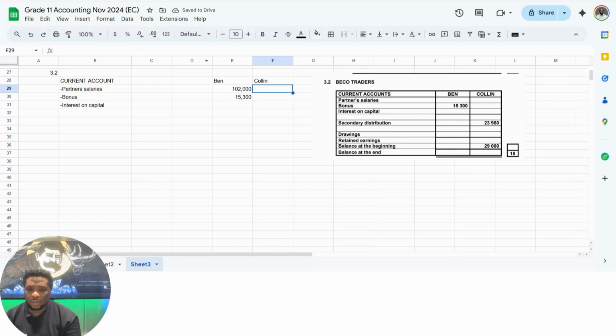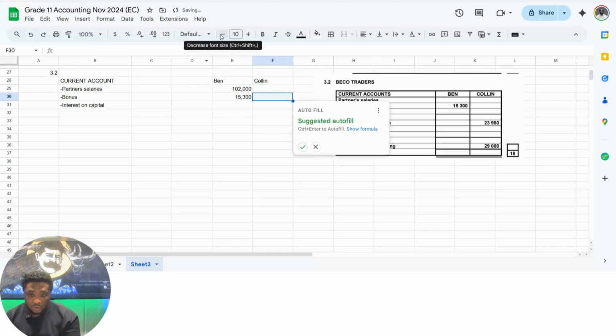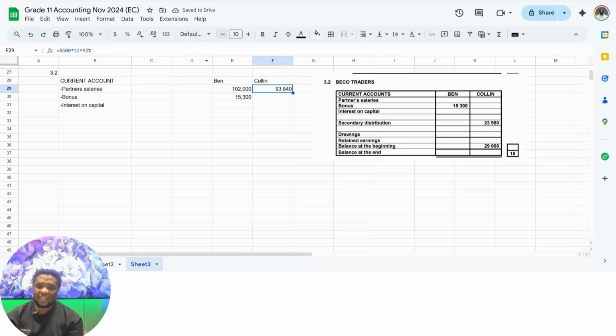Colleen earns 8% less than that, which means she earns 92%, because we take 100% and subtract 8%. So I multiply by 92% after I've multiplied by 12. That works out to 93,840. Cool, so we've got our partner salaries.